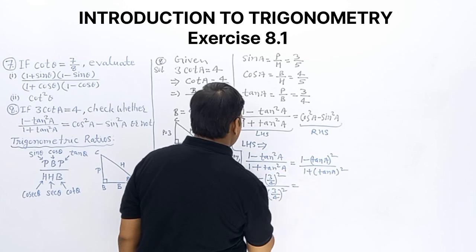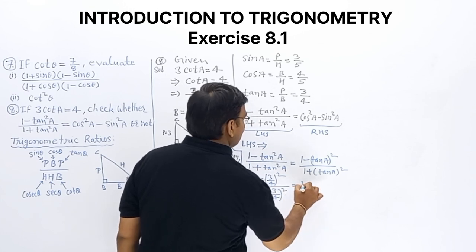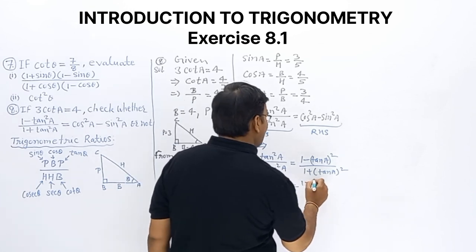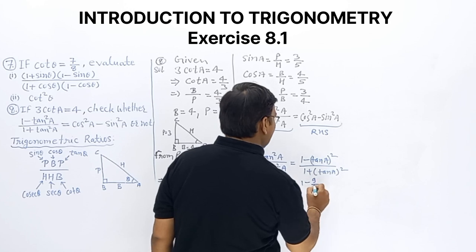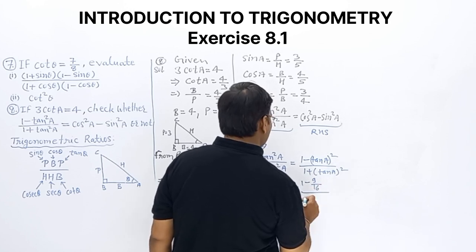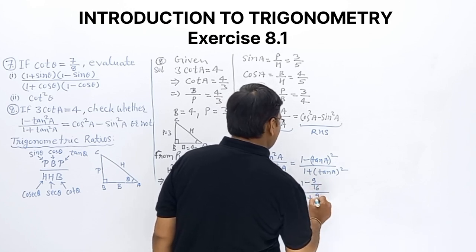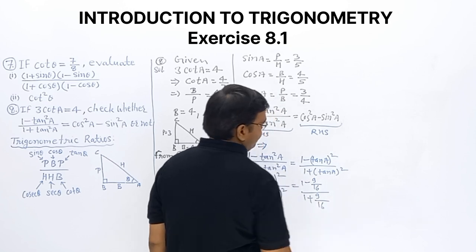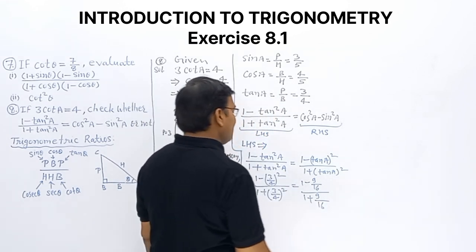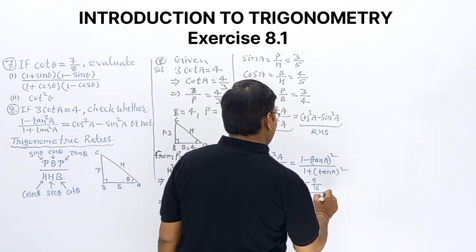Solve this one. How will we solve? 1 minus 3 square is 9 upon 4 square is 16, upon 1 plus 3 square is 9 upon 4 square is 16. Clear? Take LCM and solve. What will be its LCM?